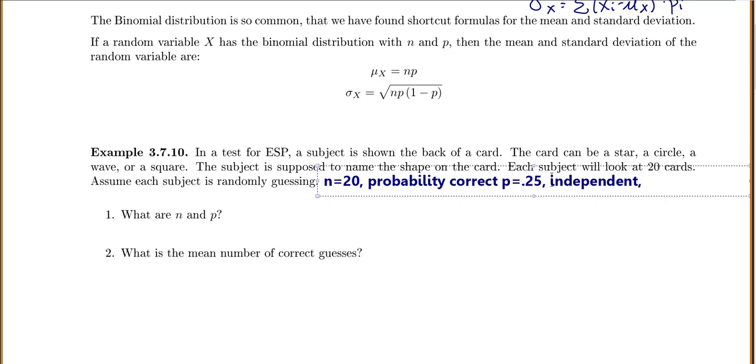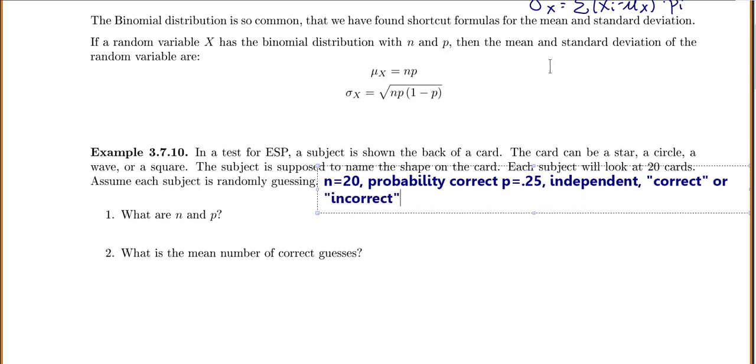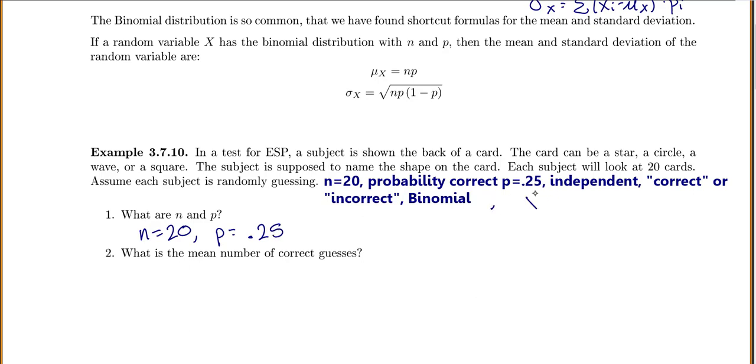And you're either correct or incorrect, so 2 choices. So I would say this is binomial. With that being said, n equals 20 because they're looking at 20 cards, and the probability of getting one correct is 0.25. And let's say here that x equals the number correct.